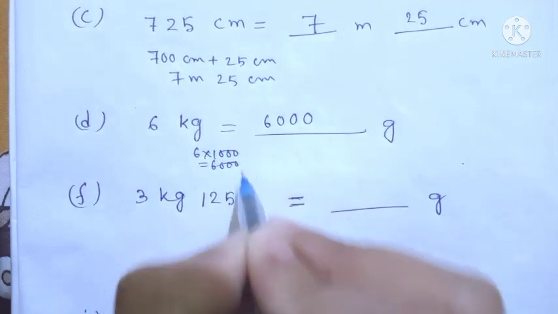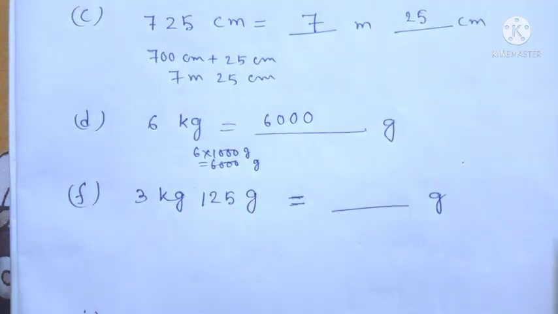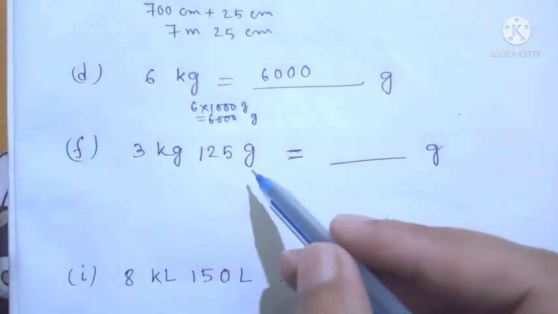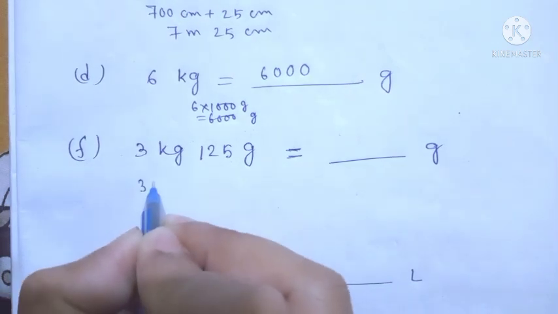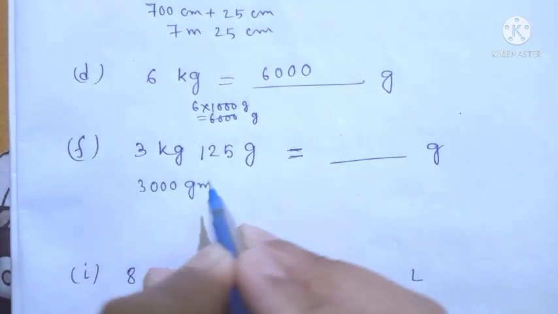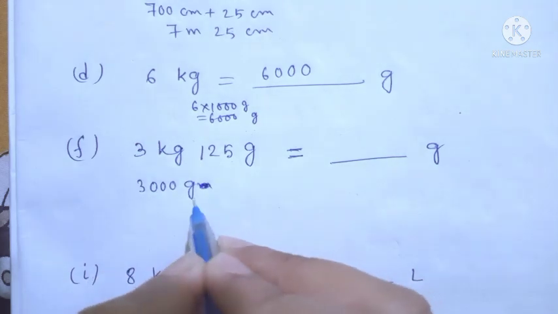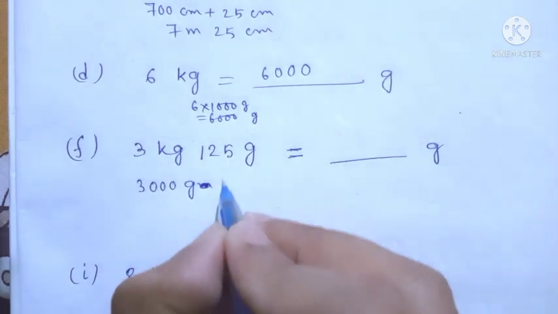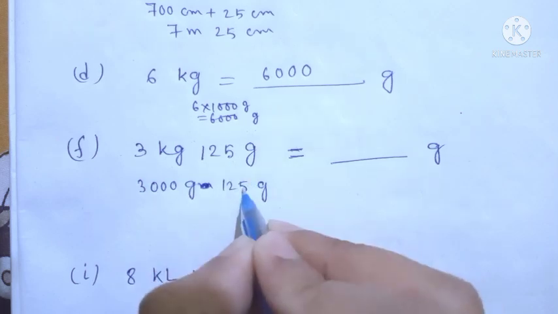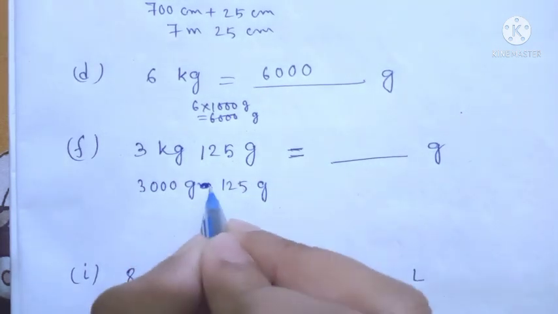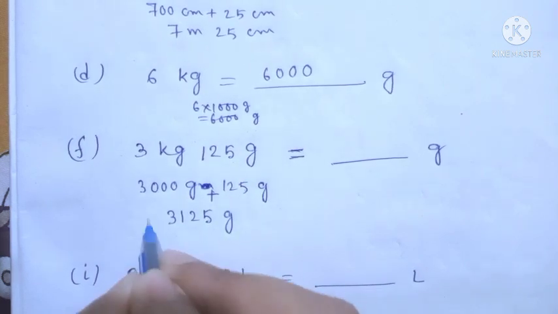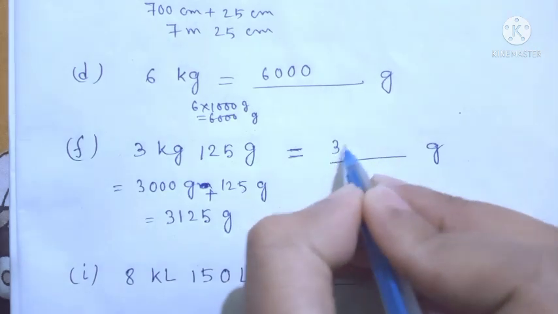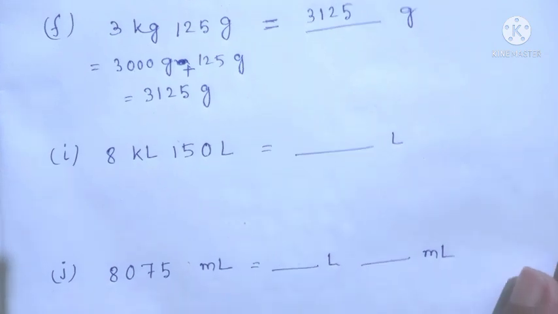Now 3 kg 125 gram. 3 kg means actually 3000 gram, because 1 kg means 1000. 125 gram here, so we have to add these two, that means 3125 gram.